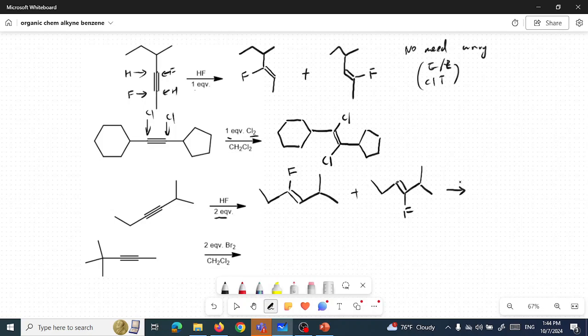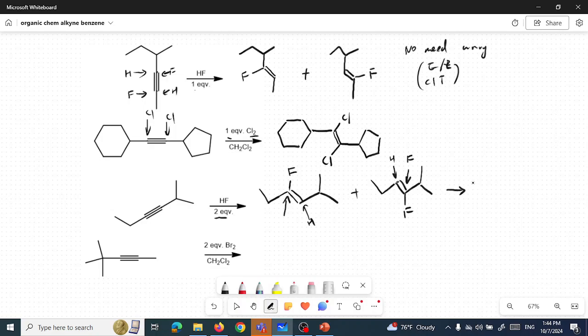Now with the second addition, both products are going to turn into a different product. For the first one on the left, the second fluorine will be added to the more substituted carbon only. And for the other product, the second fluorine will be added to the one with the fluorine already, and the hydrogen on the other carbon.